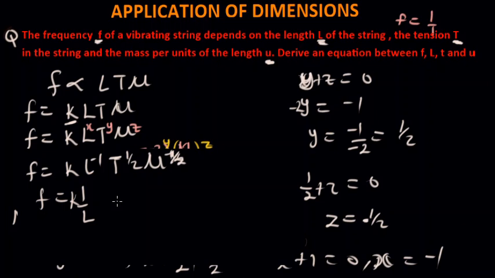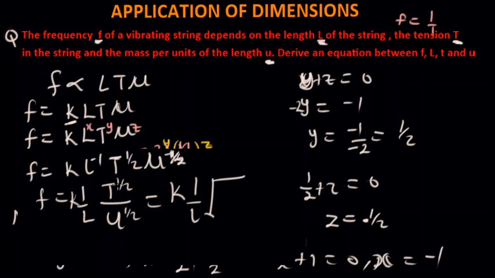So we'll have T all over mu. This will be equal to k, 1 on l, this has a power of half. So they are all square roots, so we'll just put all of them under square root, and then we'll have T on mu.